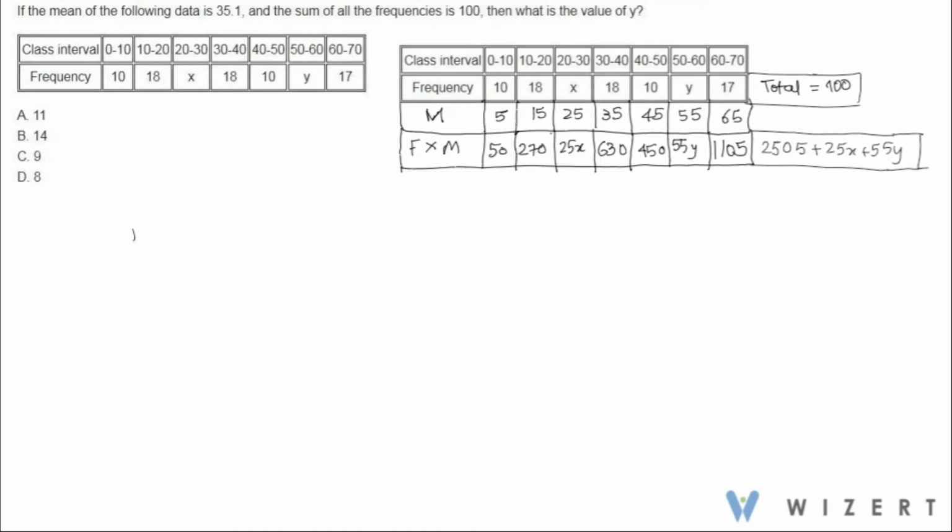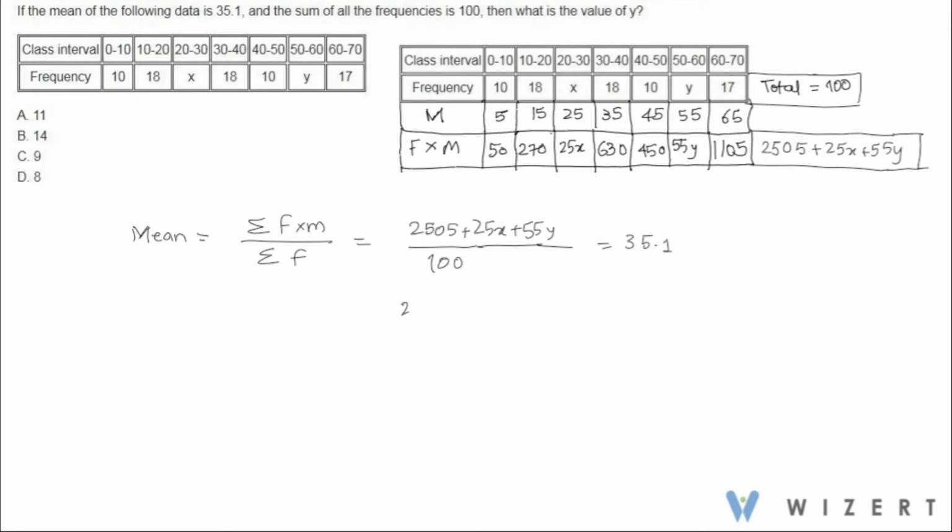Now we know the mean of grouped data is given by summation of all f into m divided by summation of all f. Summation of all f is 100 and summation of f into m is 2505 plus 25x plus 55y, and this is given as 35.1.